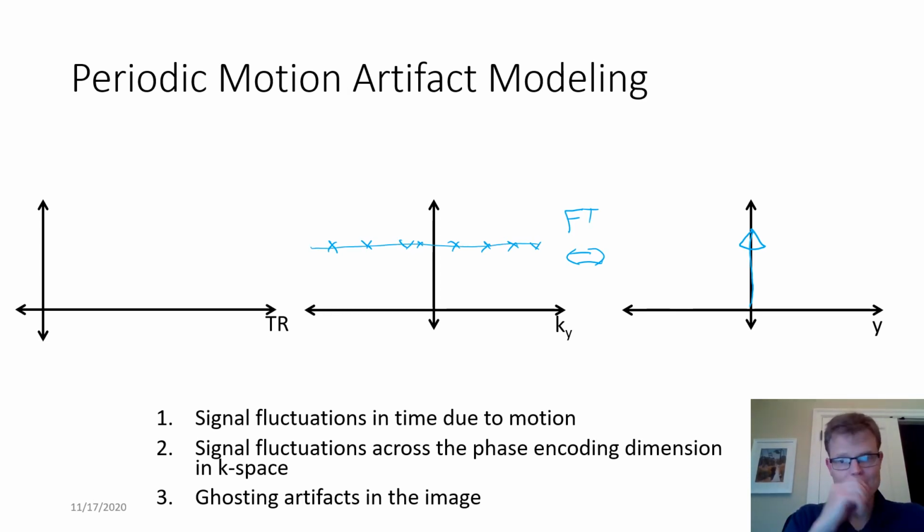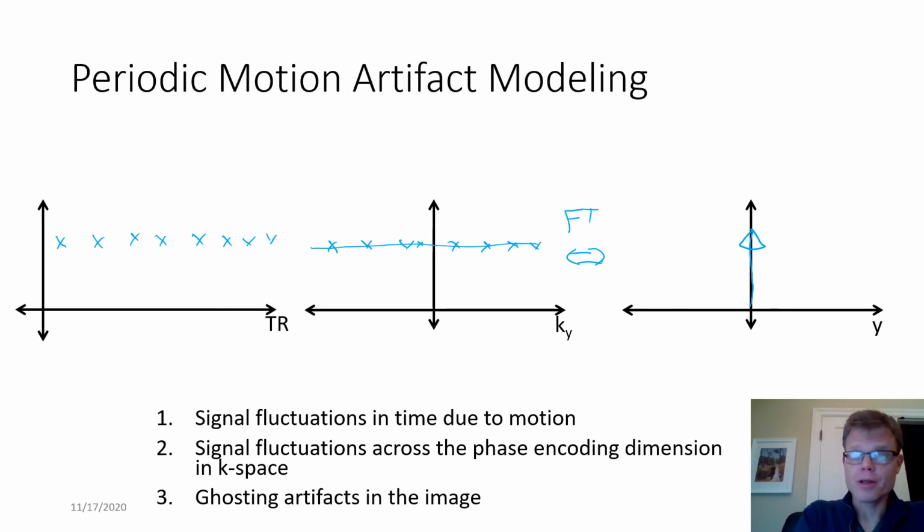It gives us the delta function. And if we look at the data that we're acquiring in time as we're moving across these different phase encodes, this would be this constant amplitude data.